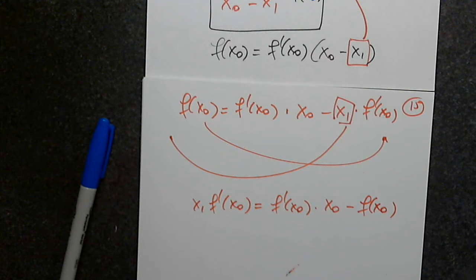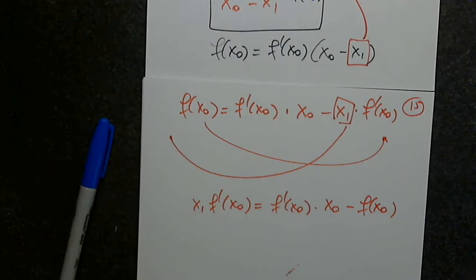So after I cross multiply the 2 expressions giving us the same tangent, the slope, or the same value, I got the first line. Now on page 15, I distributed f prime of x0 to x0 and f prime of x0 to x1.